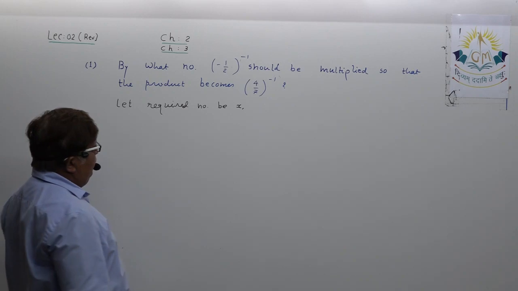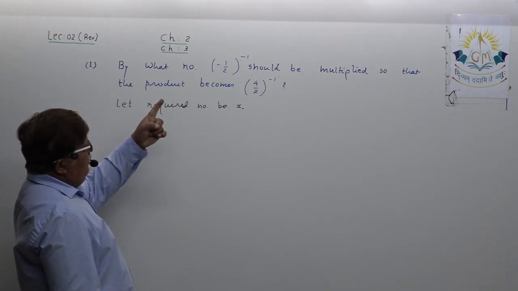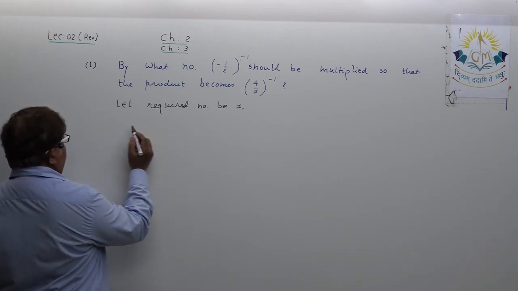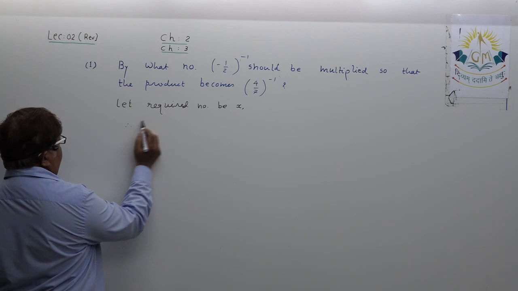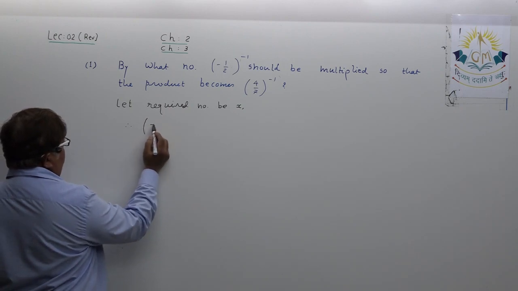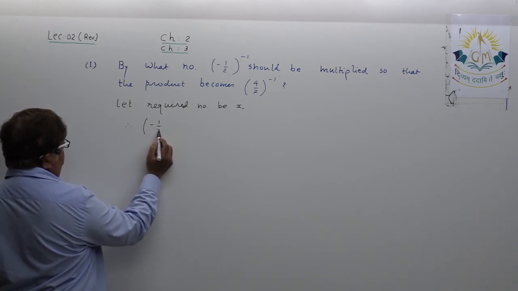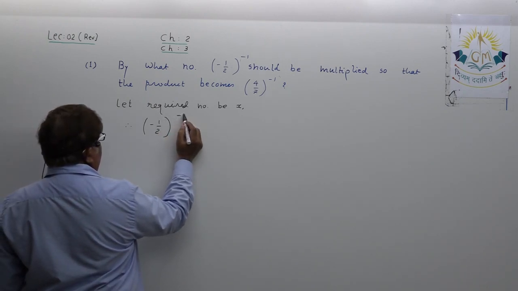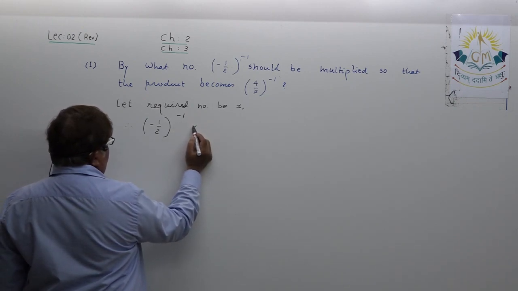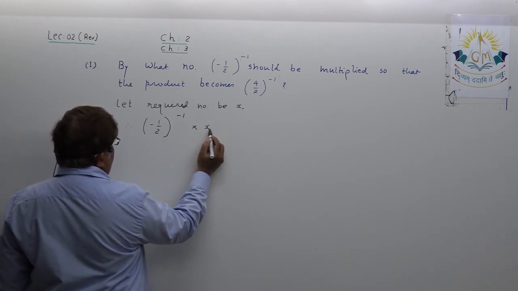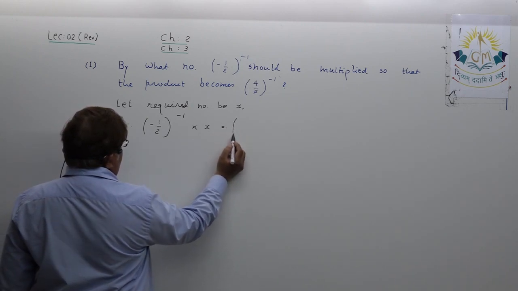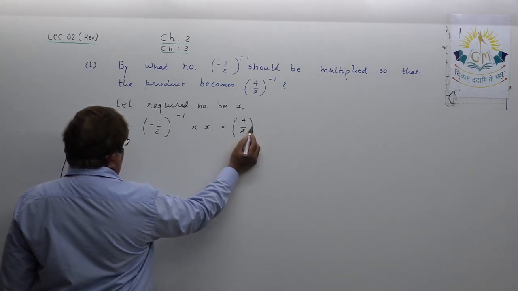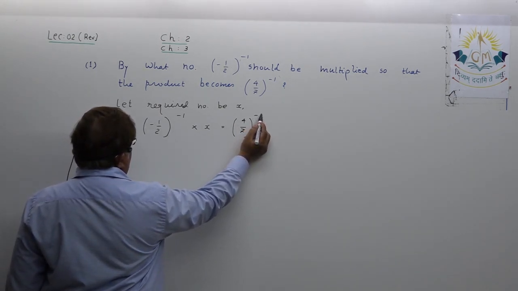Now, when this particular number is multiplied with that, it gives the product. So the next statement representing the data will be minus 1 upon 2 raised to minus 1 multiplied by x equal to 4 upon 7 raised to minus 1.